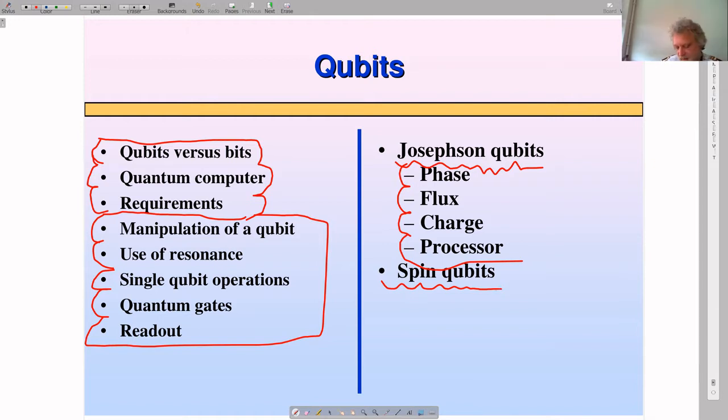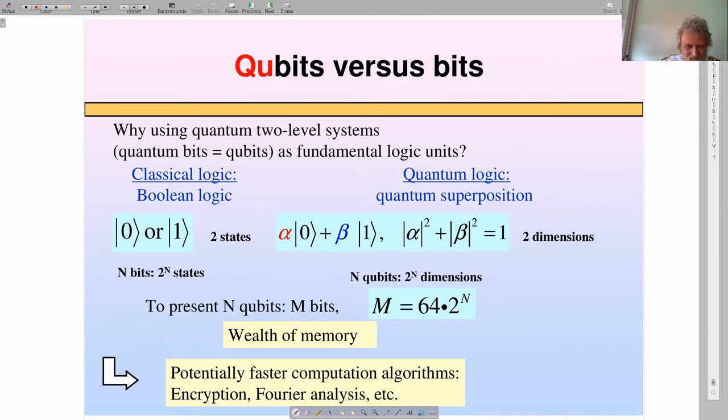Good, so let me talk about quantum mechanics in general. I would like to compare two-level systems, qubits, which are elementary quantum information units, to classical bits, classical information units.